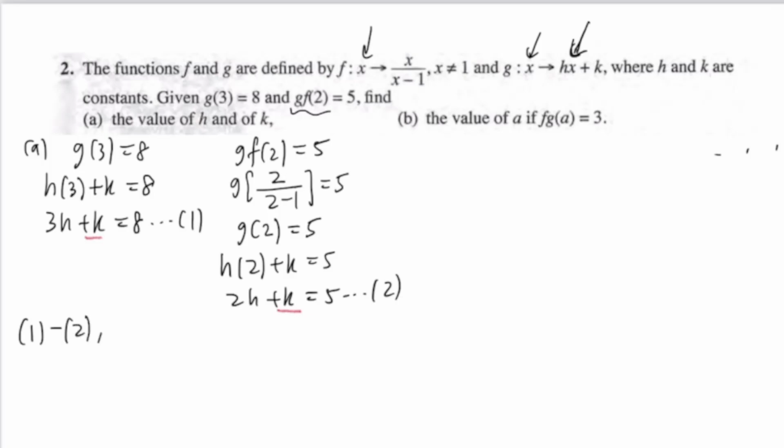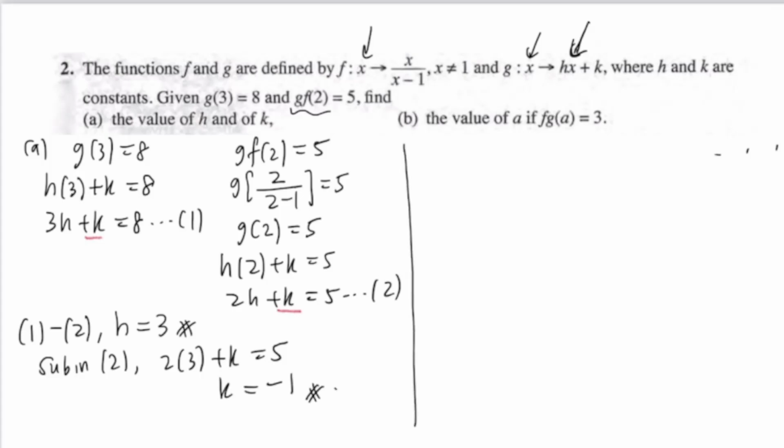So 3h minus 2h, you get h. k minus k disappears. 8 minus 5 is just 3. And then we substitute into any equation. I'll take equation 2: 2 times 3 plus k equals 5. This is 6, right? So you bring over, 5 minus 6, k is negative 1. Alright, not too difficult.